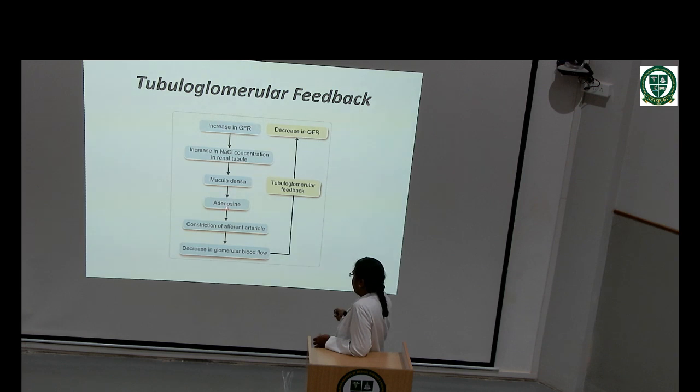This adenosine causes constriction of the afferent arteriole, which in turn decreases the glomerular blood flow. By this feedback mechanism, it decreases the GFR. This is how this mechanism will decrease the increased GFR.